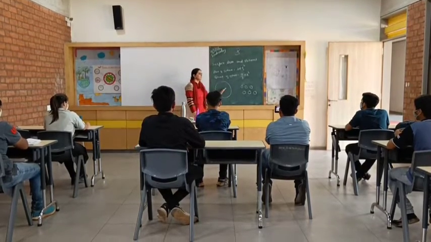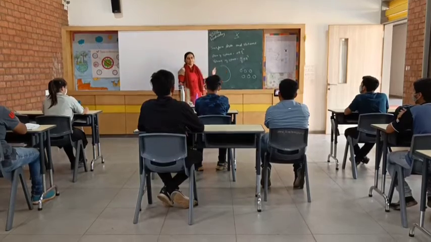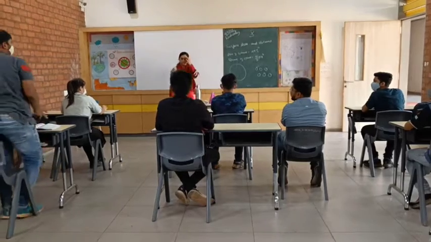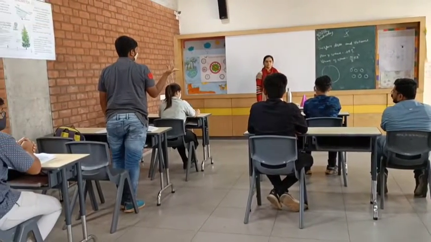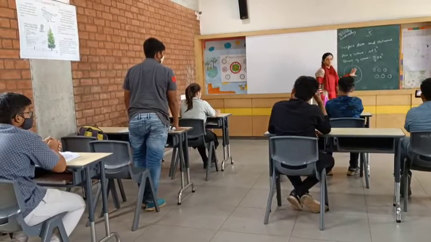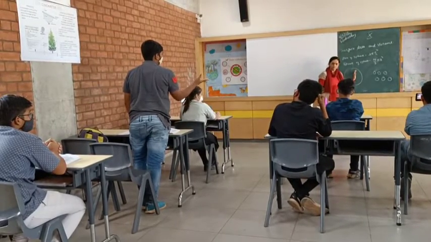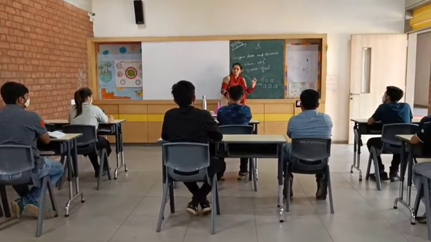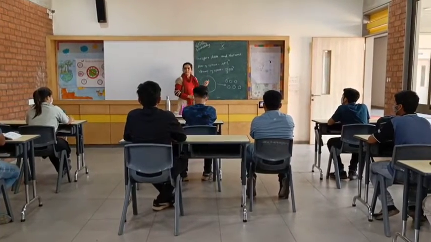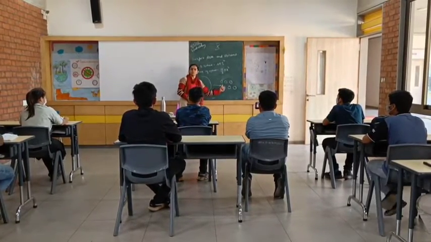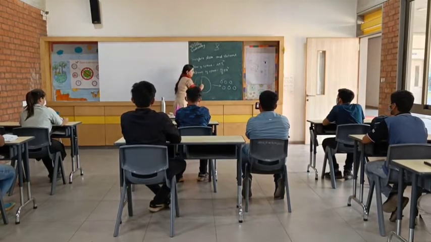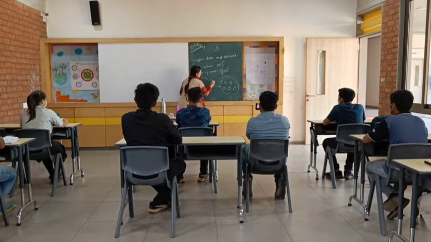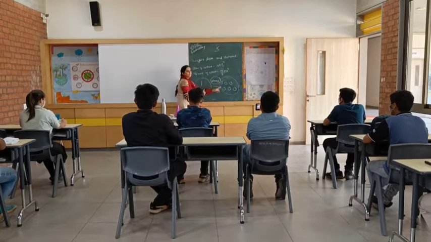So what remains same? The volume of both the things remains the same. This is a single one and this is more than one, but the parameter that is volume will be the same in both cases, right?